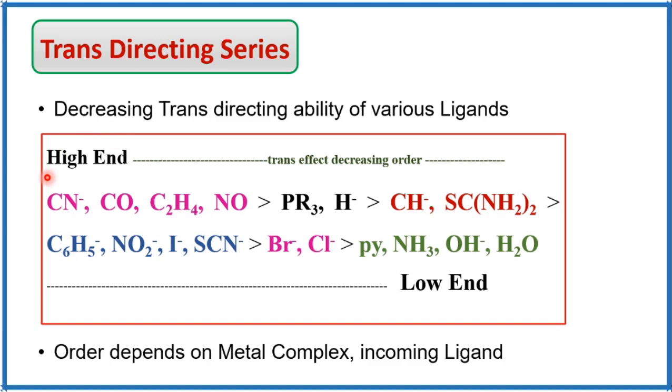High-end ligands have greater trans directing ability, whereas ligands like pyridine, ammonia, OH minus, aqua or water are low-end ligands, which have lesser trans directing ability. We arrange the ligands in decreasing order of their trans directing ability, and the resulting series is called the trans directing series. Sometimes this order depends on the metal complex and also the incoming ligand in the reaction.